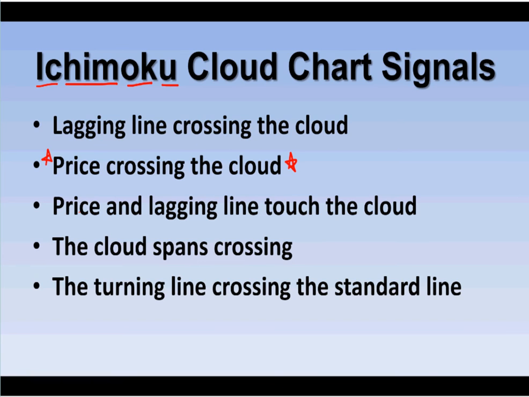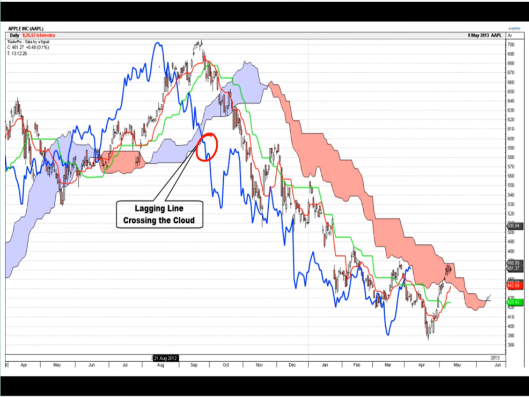So this is the lagging line. When the lagging line crosses the cloud from the upside to the downside, if you remember the definition, the lagging line is shifted 26 bars back. So you won't be shorting it right here. You'd actually be shorting it right here in this zone somewhere, which is about $590 or $580 back in the day in Apple.